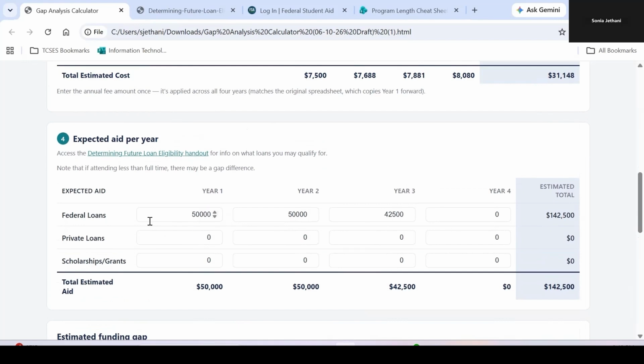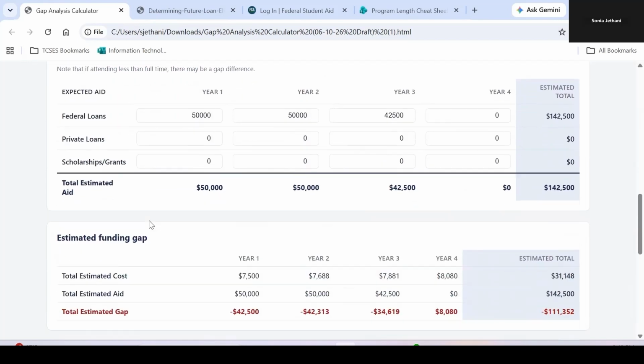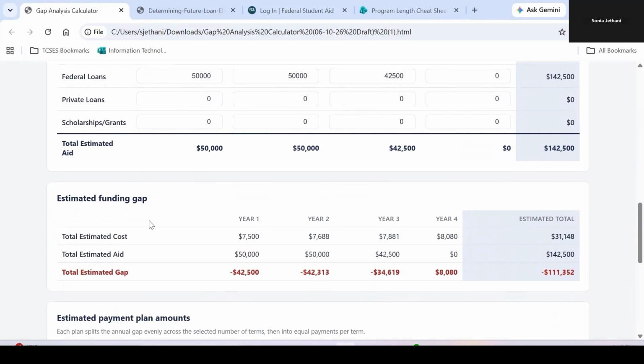Once entered, what you will need to do is take a look at your estimated funding gap. As you can see, for the purpose of this example, my estimated gap is at a negative, and therefore I will not have a problem when it comes to my first, second, and third year program.